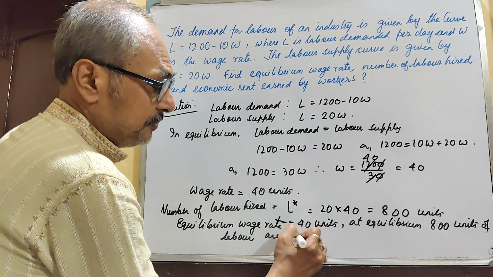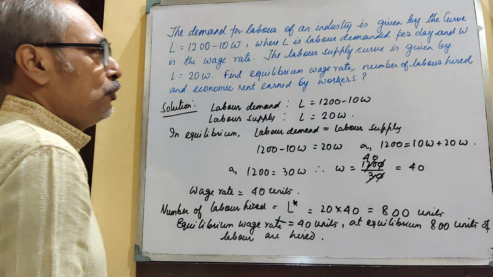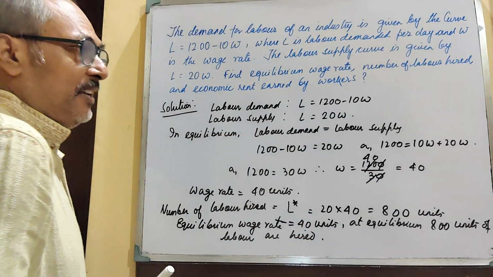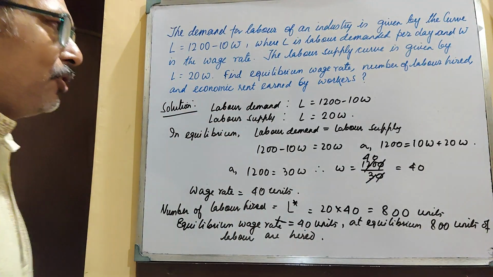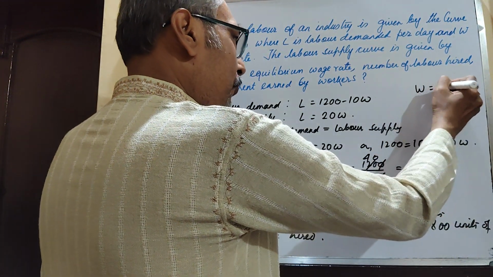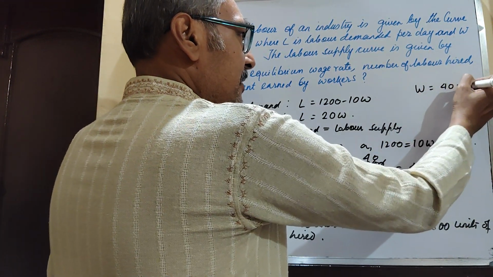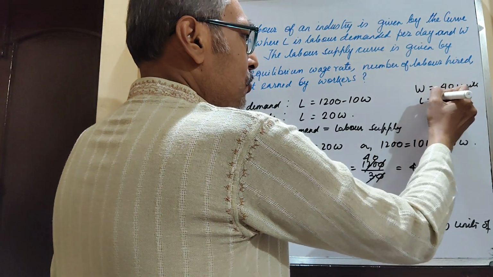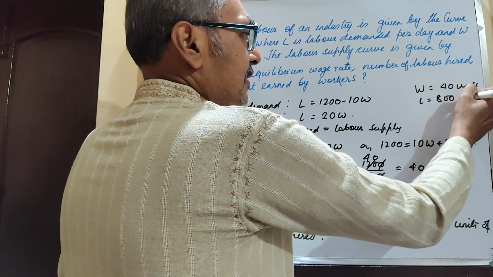Now we have to calculate economic rent. I am writing W equals 40 units and L equals 800 units.